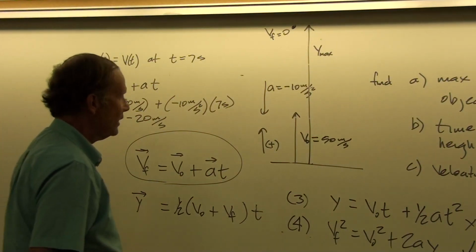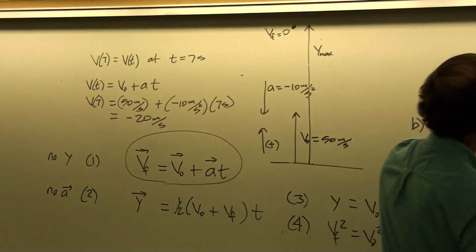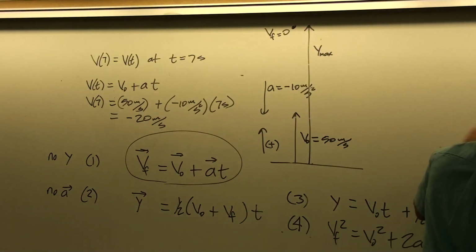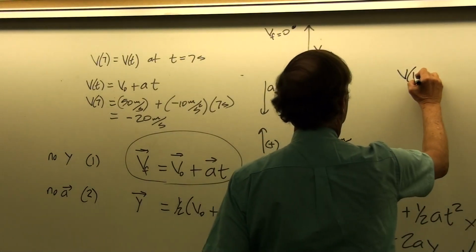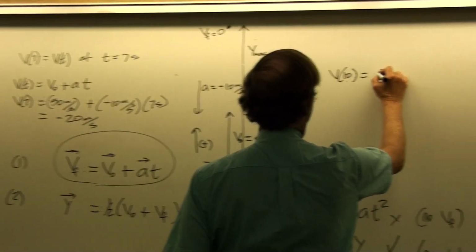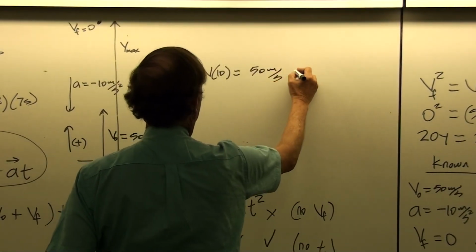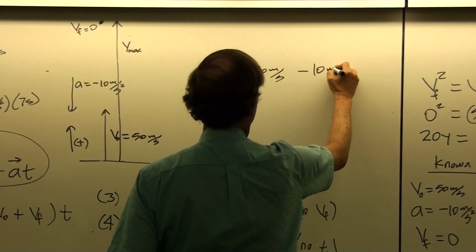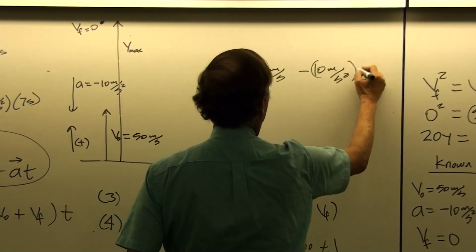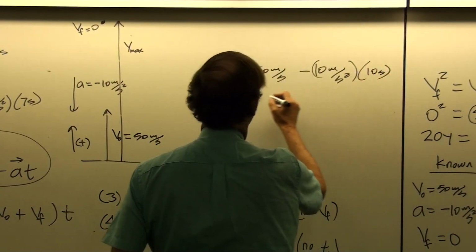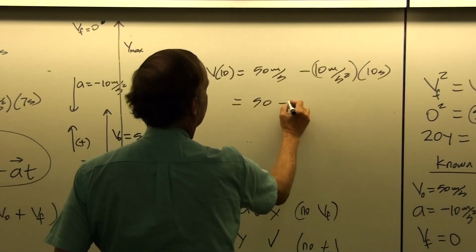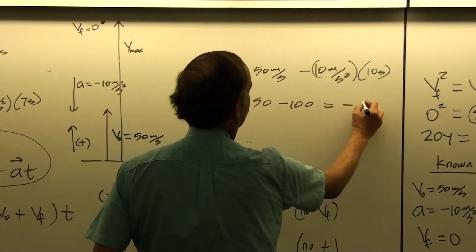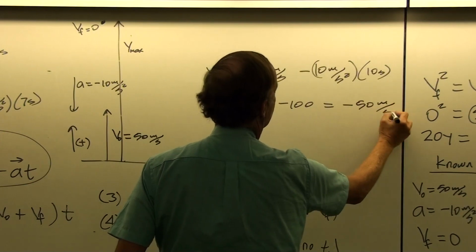Therefore v of 10 would be 50 meters per second minus 10 meters per second squared times 10 seconds. So that would be 50 minus 100, or minus 50 meters per second.